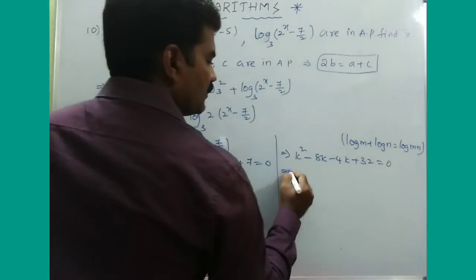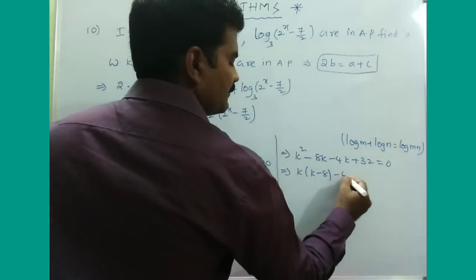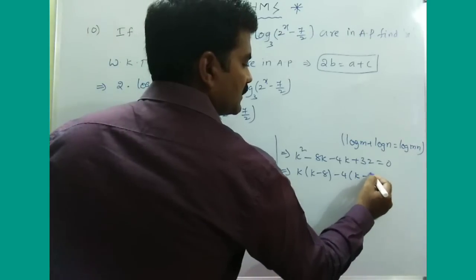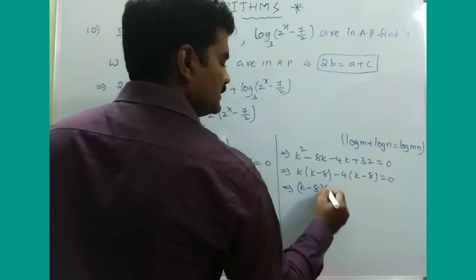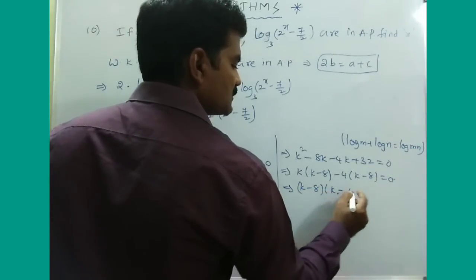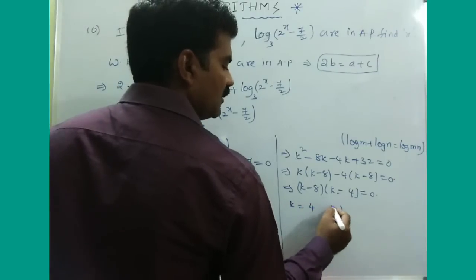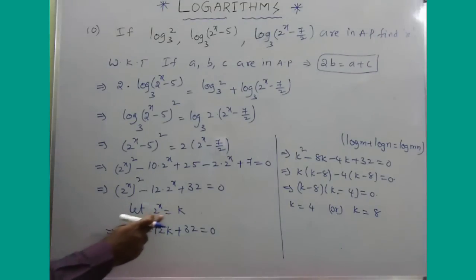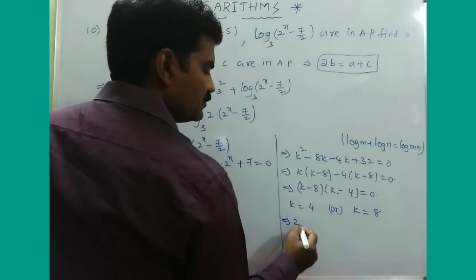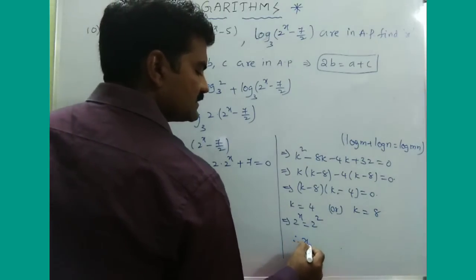Now from the first two terms I can take k common: k into (k minus 8). From the other two, if I take minus 4, then (k minus 8) equals 0. Hence (k minus 8) into (k minus 4) equals 0, so k equals 4 or k equals 8. But what did we consider k to be? We considered k as 2 power x. So 2 power x equals 4, which I can write as 2 square, hence x equals 2.